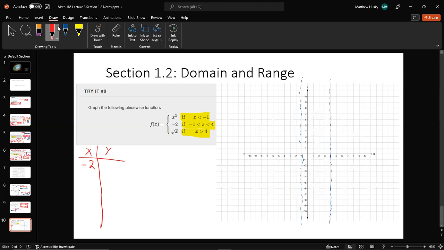We'll call the equations top, middle, and bottom, just to call them something. So here we use the top equation. You do -2 to the third power, and if you work out that number, you end up with -8. So the first point on this graph will be -2, -8, which is this point right here.